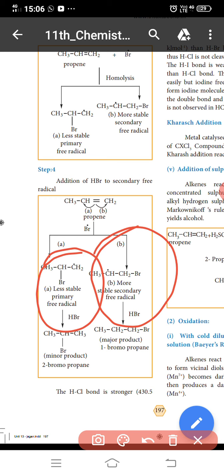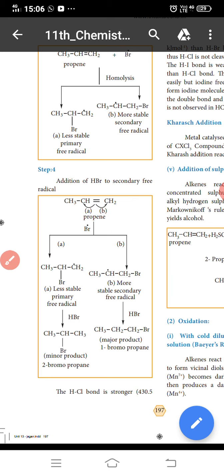The less stable primary free radical gives 2-bromopropane, the minor product. The more stable secondary free radical gives 1-bromopropane, the major product.